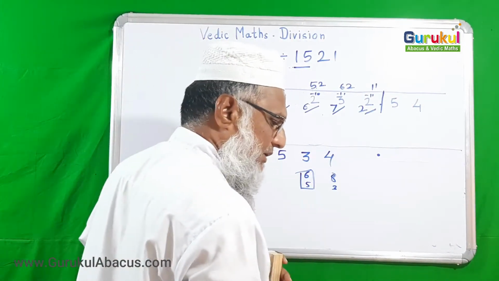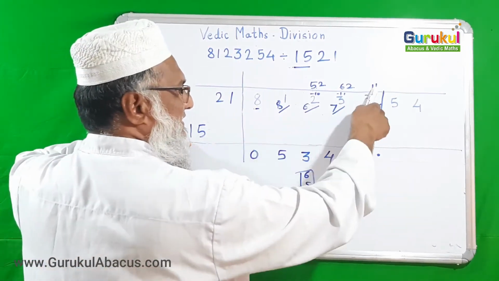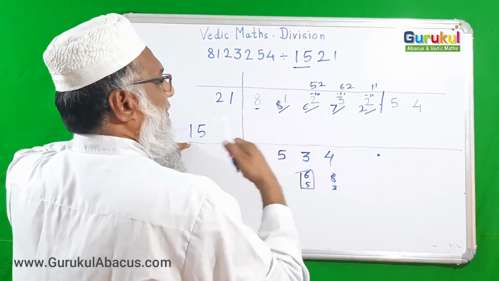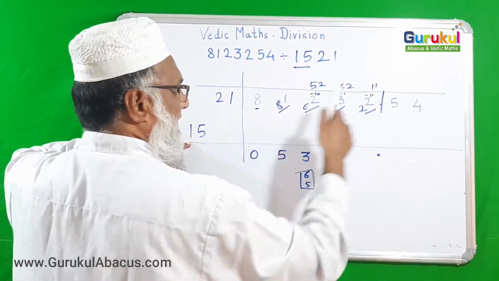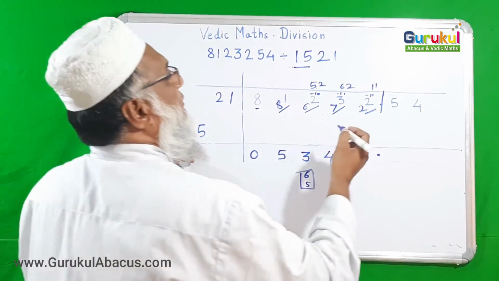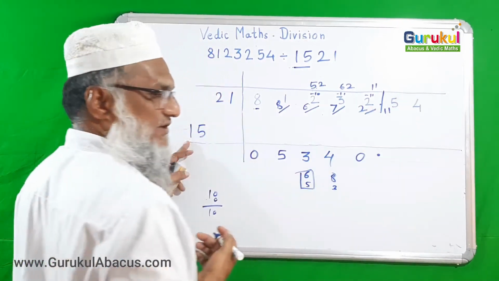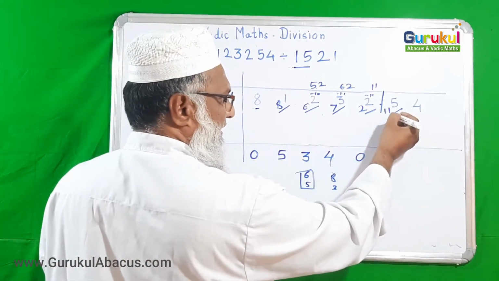11 with me. Now 15 is there, 11 is smaller than 15. So what to do? 15 zeros I am taking, 15 zeros are 0. So that 11 directly I am carrying forward for the next process. So here I am getting 115.